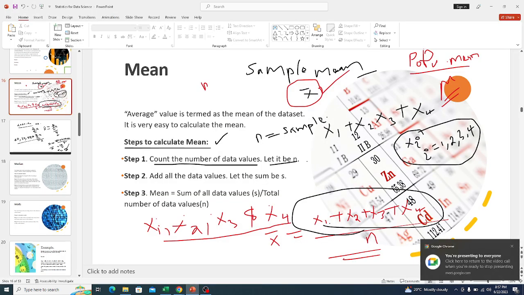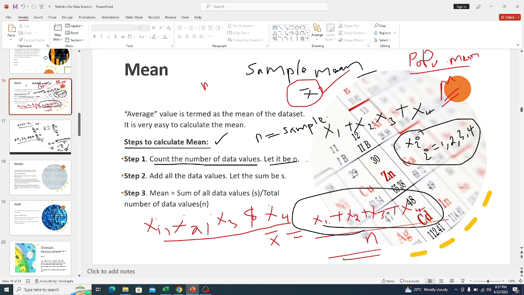All right, good. So the first thing is to count the number of data values, and let it be n. So n is our sample size.